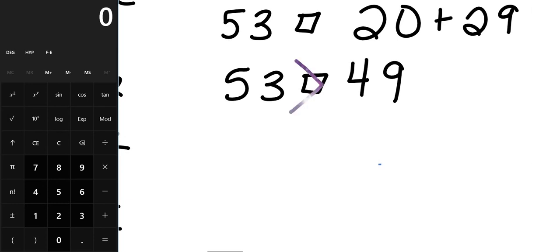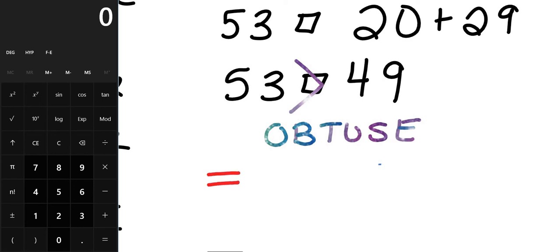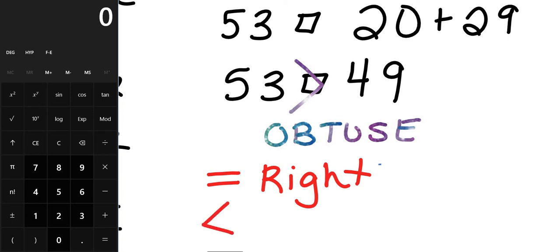It's greater than. If it's greater than, then what you're looking at is an obtuse triangle. For it to be a right triangle, it would have to be equal. 53 and 53 on both sides, for example. So if it's equal, it's a right triangle. If the number on the left is less than the number on the right, then it's acute.